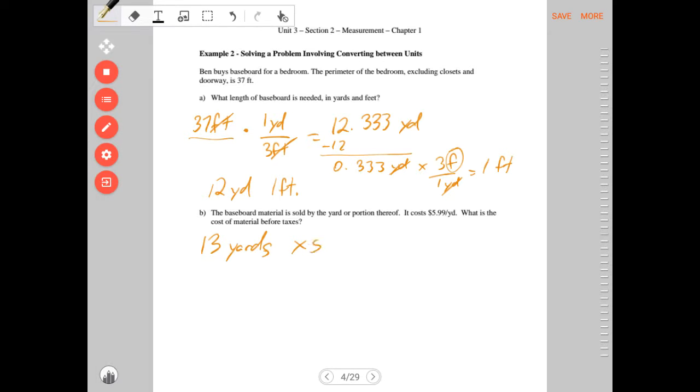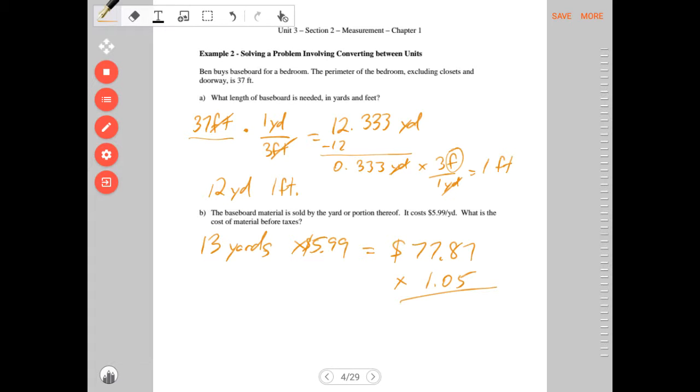So each yard costs $5.99. You just multiply those, and before taxes, that works out to $77.87. 13 by $5.99. Okay, $77.87. Fantastic. Now, of course, we live in Alberta, so to get the tax on that, we would times that by 1.05.